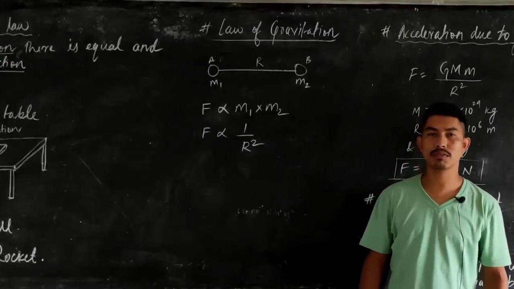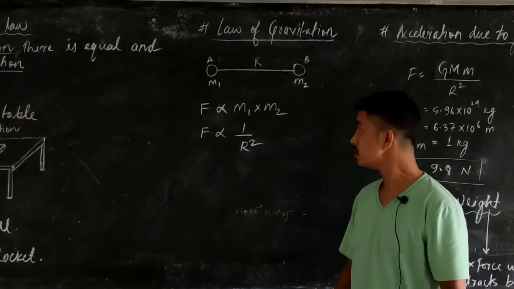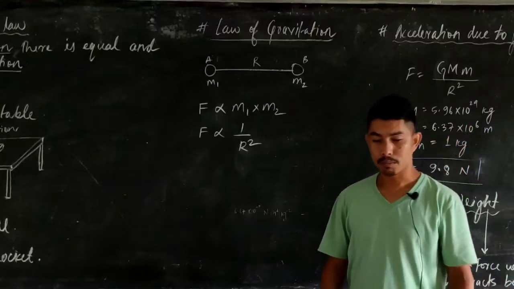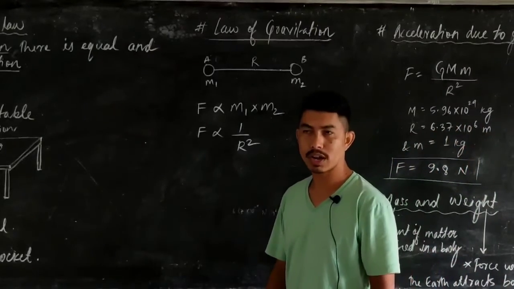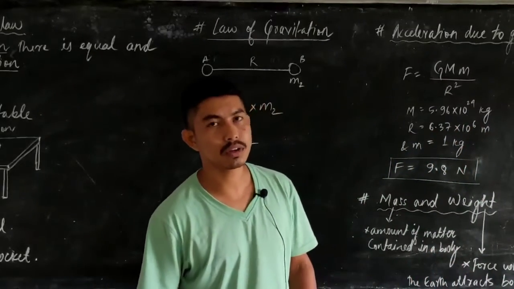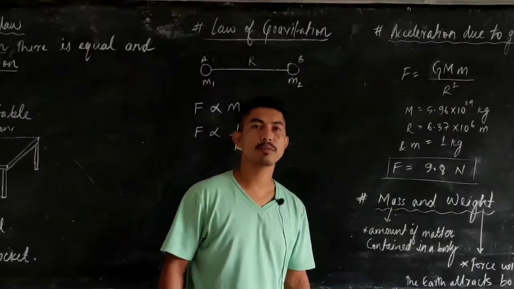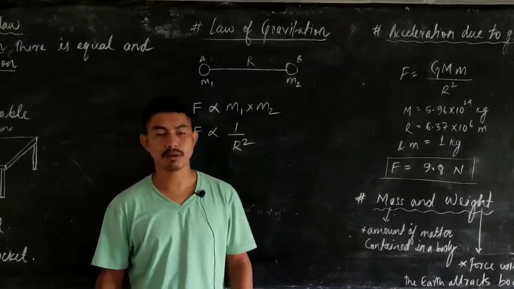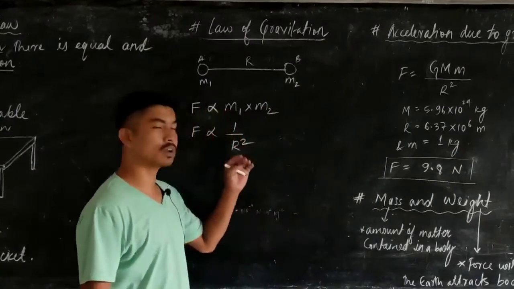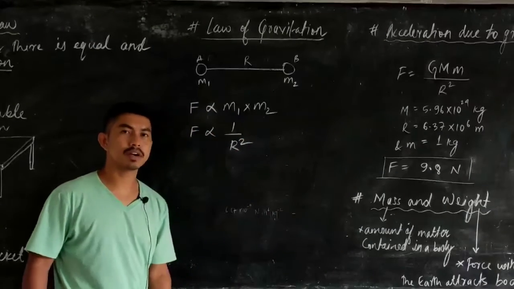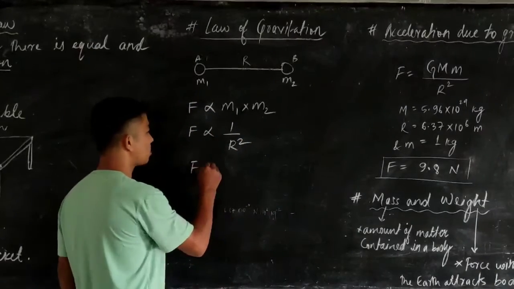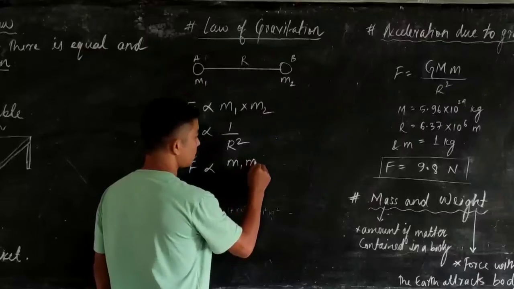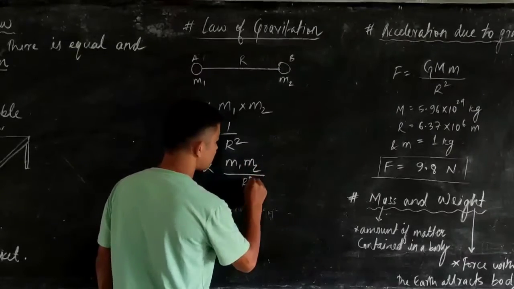So the universal law of gravitation states that two bodies of masses m1 and m2 attract one another with a force directly proportional to the product of their masses and inversely proportional to the square of the distance separating them. When we combine these two, I get F proportional to m1 m2 divided by r square.